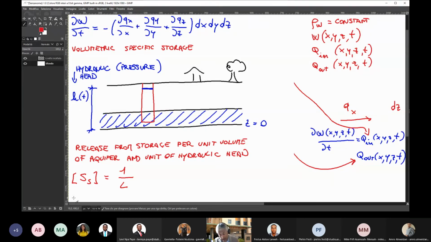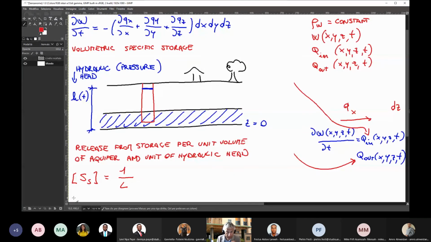On the other hand, you understand that this is a relevant property of the aquifer, which is related to sustainability of the use of water. Because if you take a lot of water from the aquifer and you don't see a significant decrease of hydraulic head, it means that your water withdrawal is sustainable.